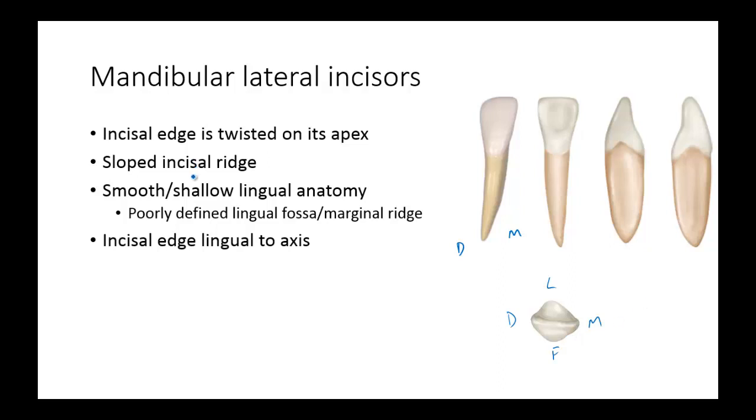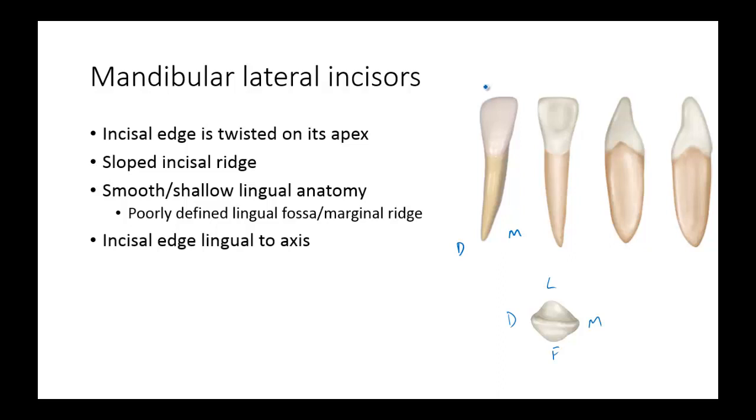It also has a sloped incisal ridge, so as you go mesial to distal, it's going to slope gingivally down. It's kind of hard to see in this tooth, but pretty much it's going to slope this way as you go from mesial to distal. And so that's what makes the lateral incisor unique, and it's actually pretty obvious if you look at other pictures or at your typodont, you'll see that it's curved, and you can distinguish that from the mandibular centrals.